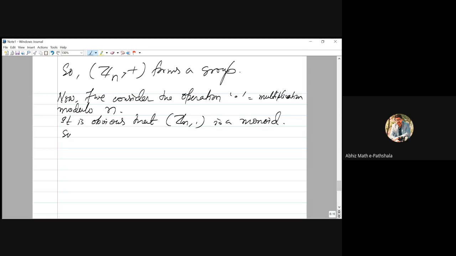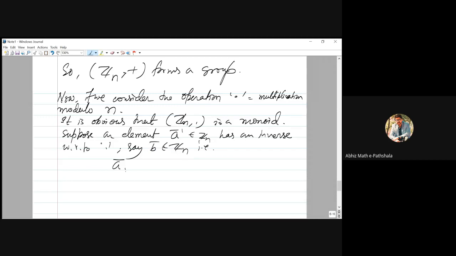Suppose an element A class belonging to Zn has an inverse with respect to dot, say B class, that is A class dot B class is one class, right?